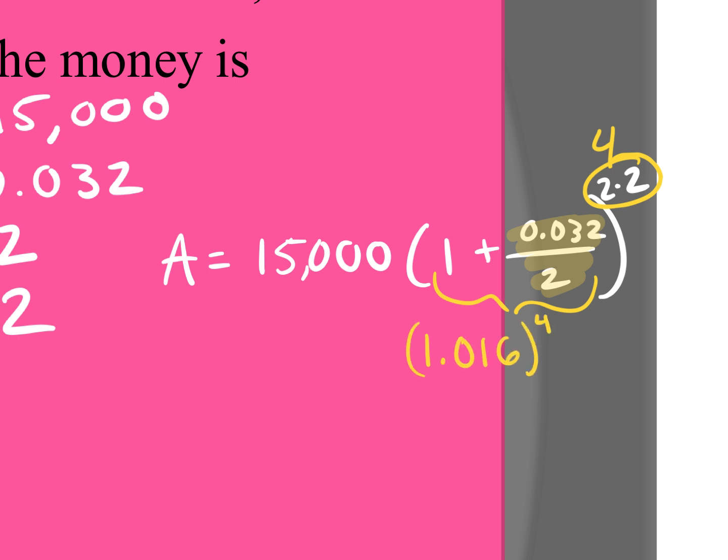Then I'm going to raise that to the power of 4. So that should give you 1.06555. It keeps going, but I'm going to leave it in my calculator for the very last step. We're going to multiply it by 15,000.